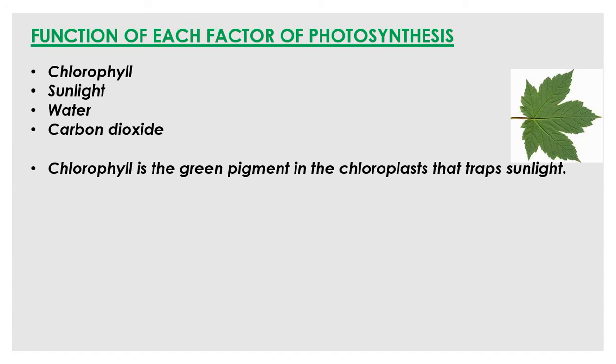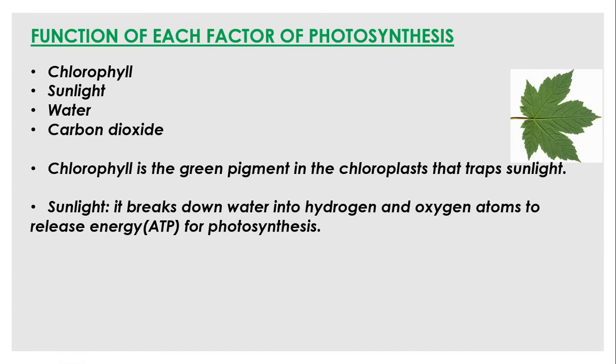What then is the role of the sunlight in photosynthesis? Good. It says sunlight breaks down water into hydrogen and oxygen atoms to release energy, which is in the form of adenosine triphosphates, an organic compound that's responsible for driving most of the activities in the cell.